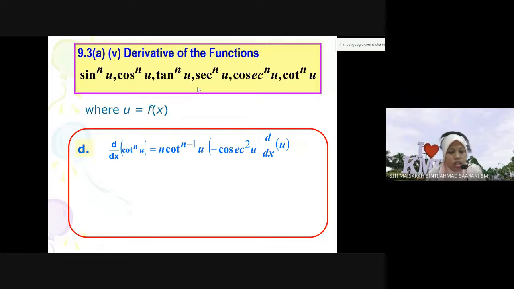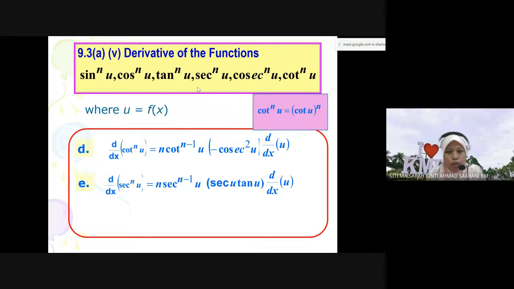Okay, so this is for cot, differentiate cot u to the power of n equals n cot n minus 1 u multiply negative cosecant square u differentiate u with respect to x. And then differentiate secant u to the power of n equals n secant n minus 1 u multiply secant u tan u differentiate u with respect to x.